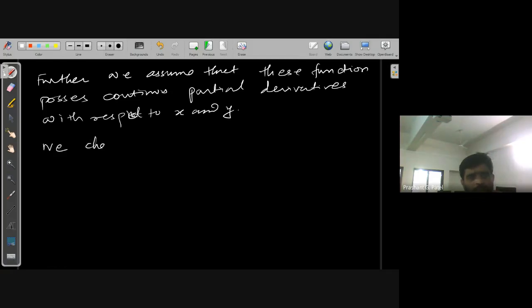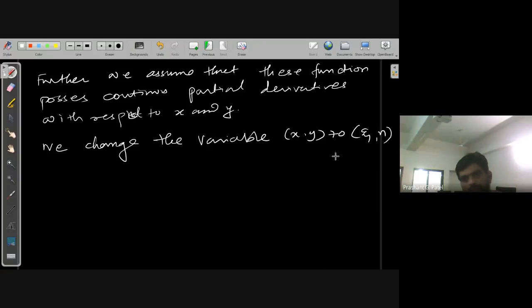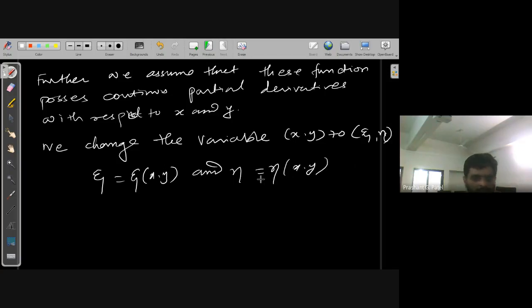We change the variables, the independent variables x and y, to xi and eta, where xi is a function of x and y and eta is also a function of x and y.